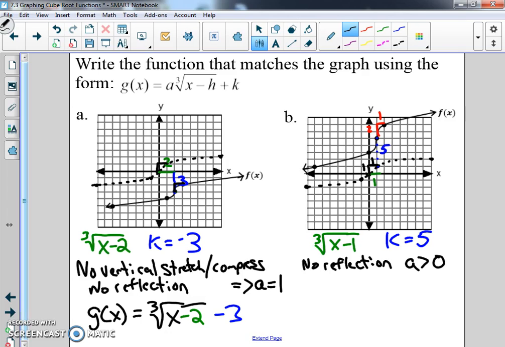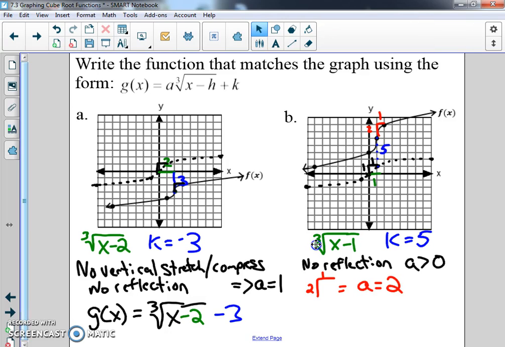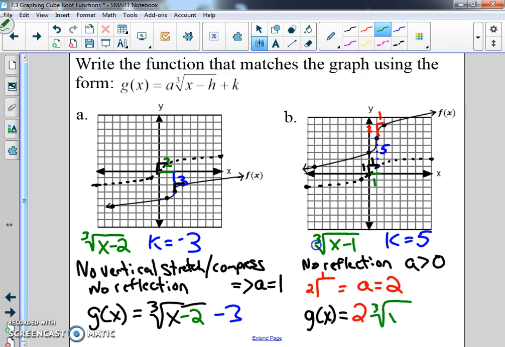So my vertical stretch, since I go up 2 and to the right 1, means that a is equal to 2. That would be my vertical stretch. So my equation then is g of x is equal to positive 2, because there's no reflection, multiplied by the cube root of x minus 1, plus my vertical transformation of 5.